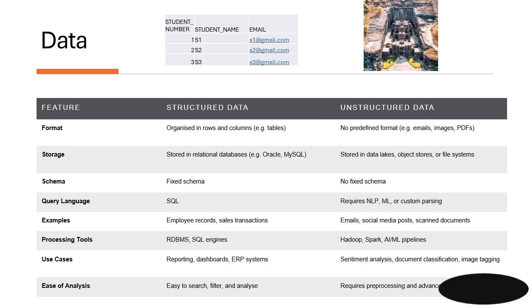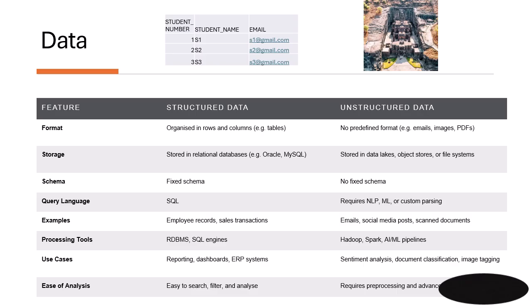And the second difference is storage. Structured data can be stored in a relational database. Of course, you can store part of unstructured data as well in a relational database, but I'll come back to that when we go into detail of the data types.